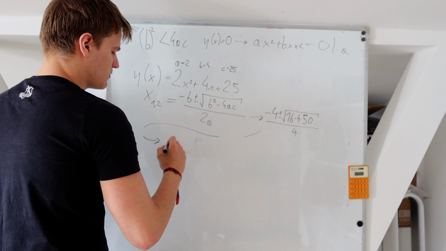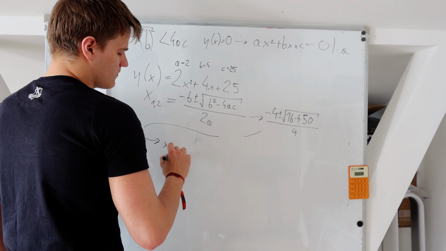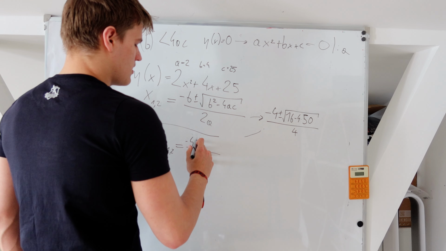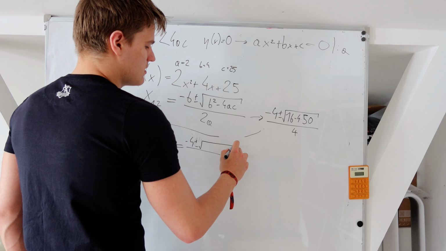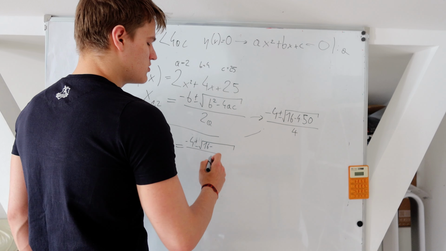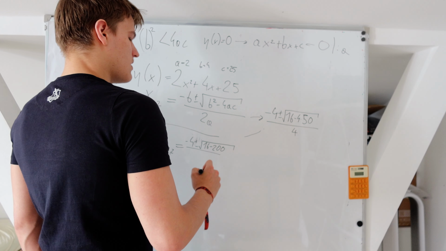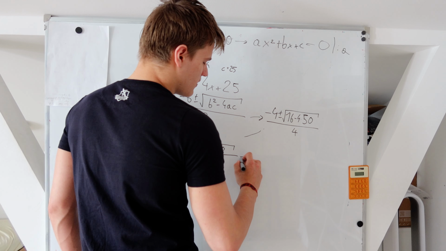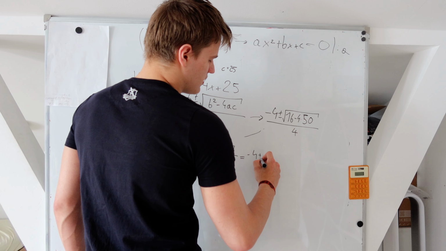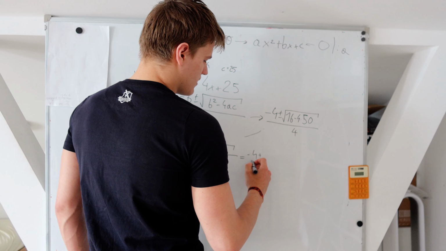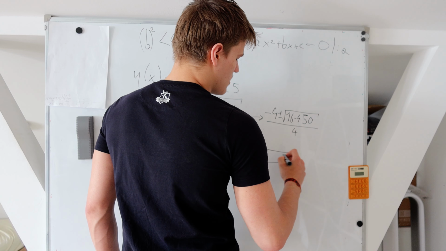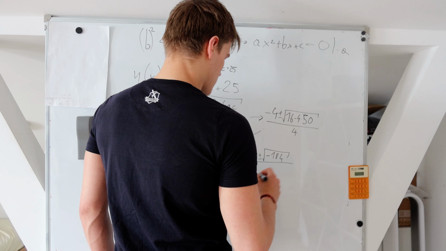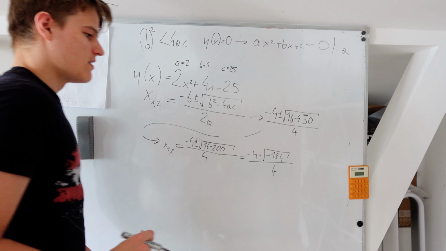And we continue. X1,2 is equal to minus 4 plus minus square root of 16 minus 200, over 4. And then we have minus 4 plus minus square root of minus 184, all over 4, right?